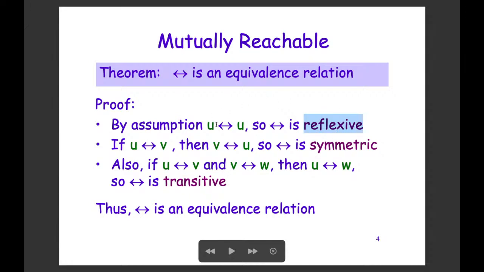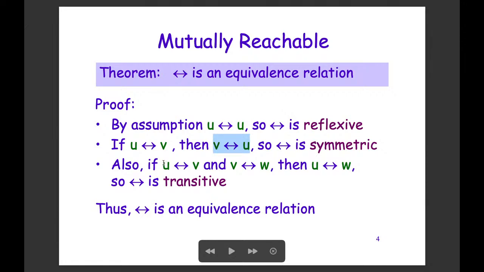Now, symmetric means that whenever U is mutually reachable to V, V is always mutually reachable to U. We see that this definition of mutually reachable is symmetric, so yes, this is a symmetric relation.